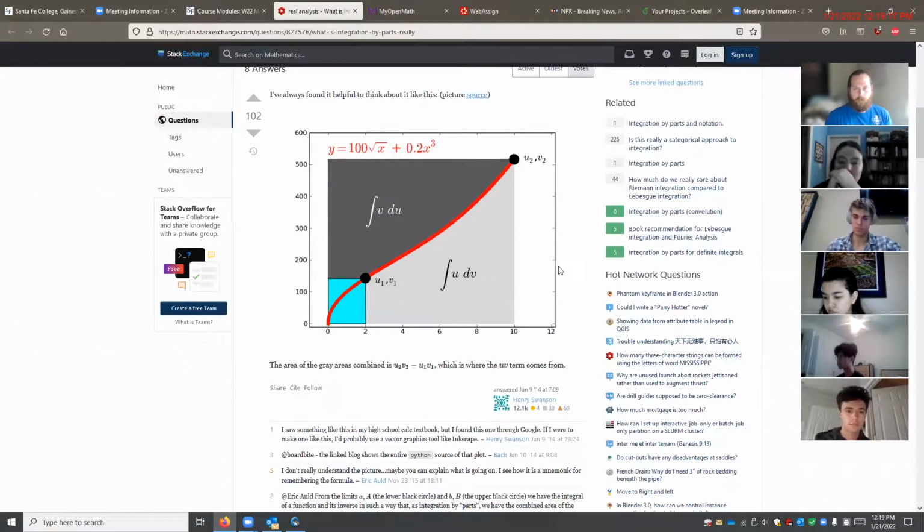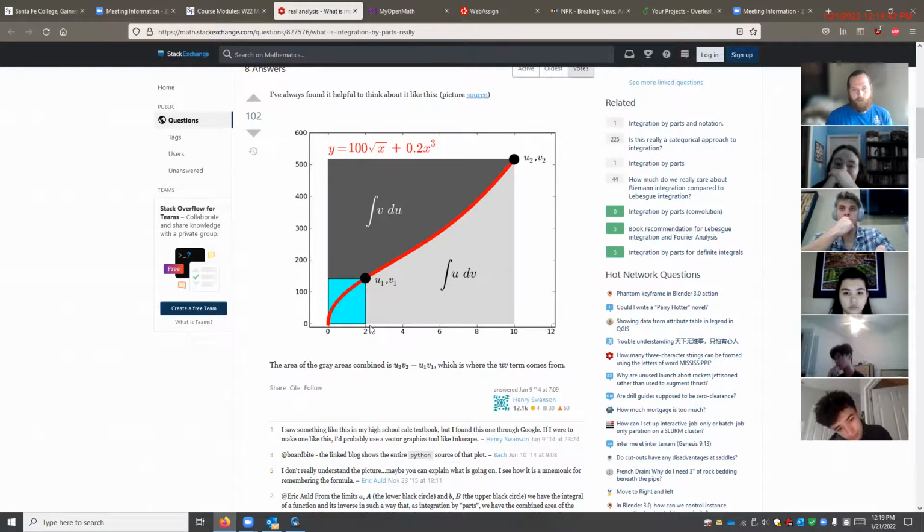This is a really nice way to think about what that formula is saying. This red curve is the function we're integrating. And we want to integrate from here to here, which would be from U1, whatever, 2-ish, to U2, which looks like it's about 10-ish.